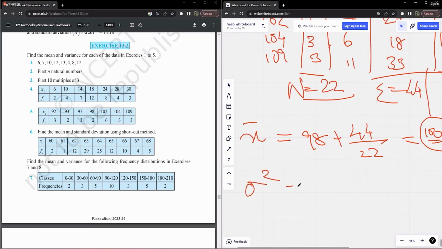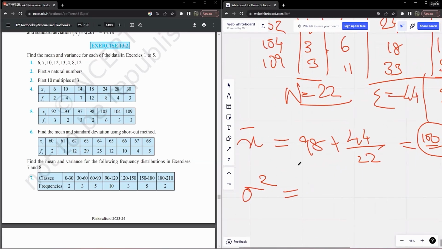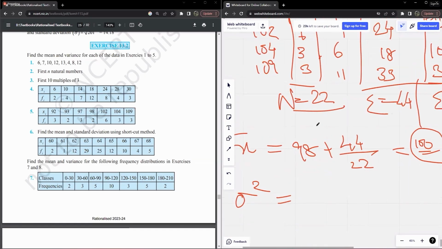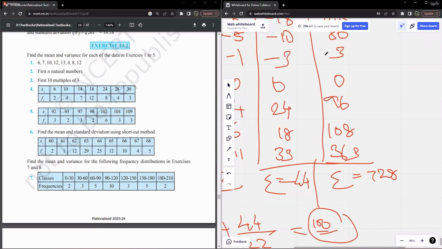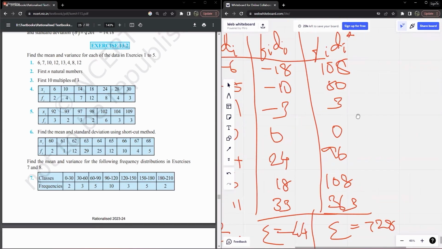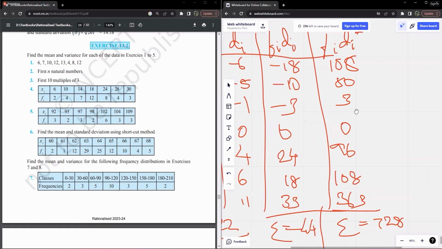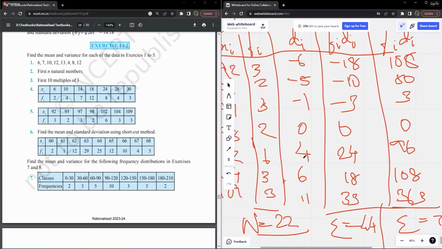And your standard deviation, sigma square, your variance sigma square, is going to be 1 by n into sigma fi di square minus sigma of fi di by n the whole square, right?